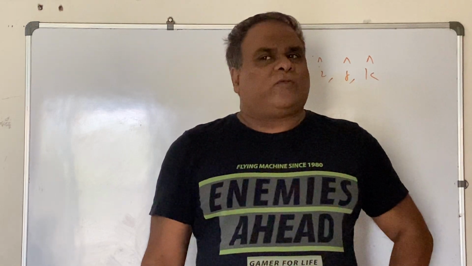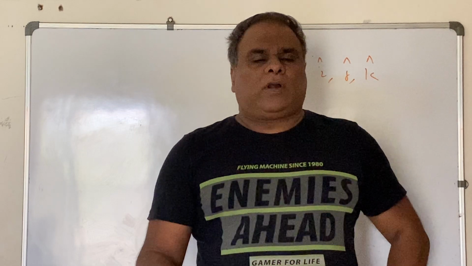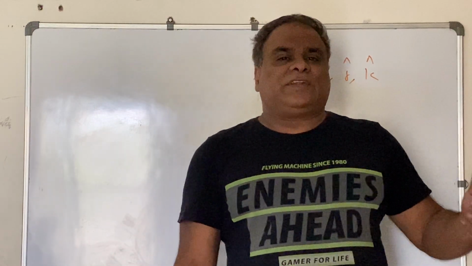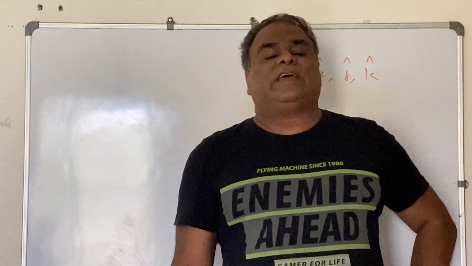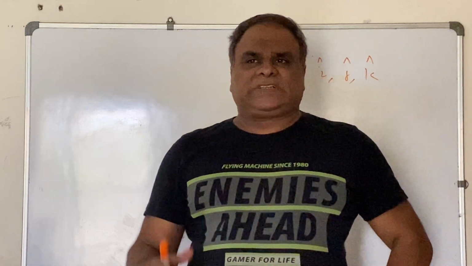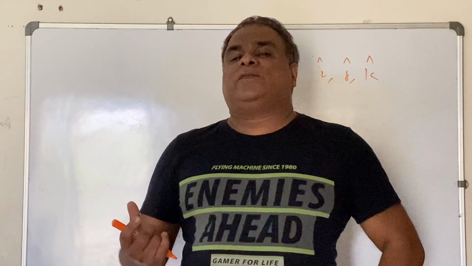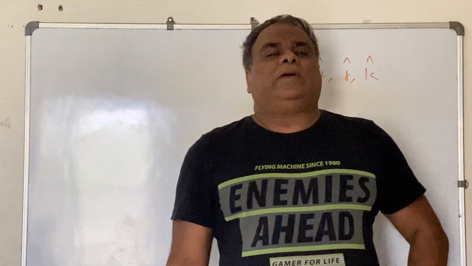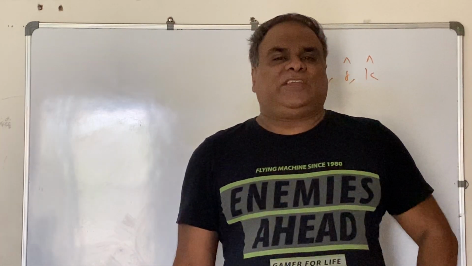Clear? And one more point I want to tell you is the representation of vectors. See, how do you represent a vector? A vector is represented by a straight line with an arrowhead. Understood? The length of the straight line gives the magnitude of the vector, and the arrowhead gives the direction of the vector.